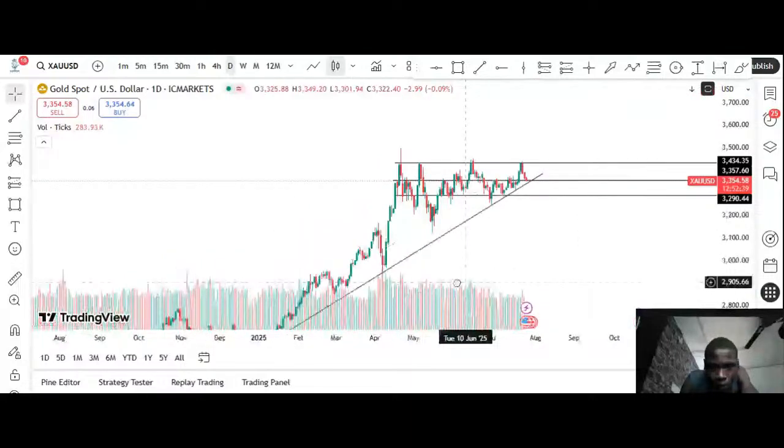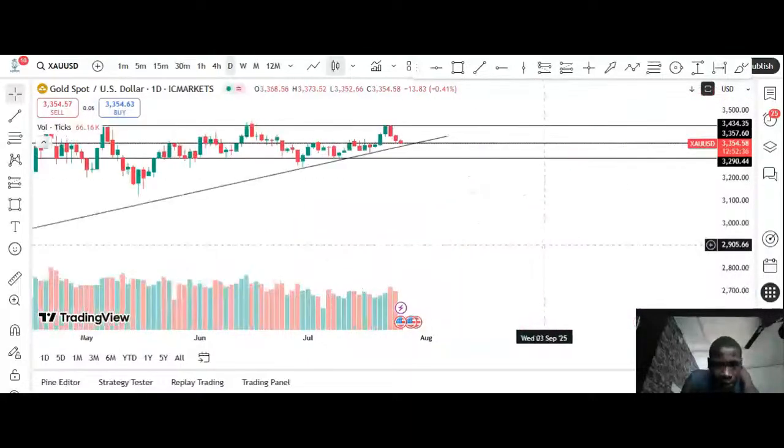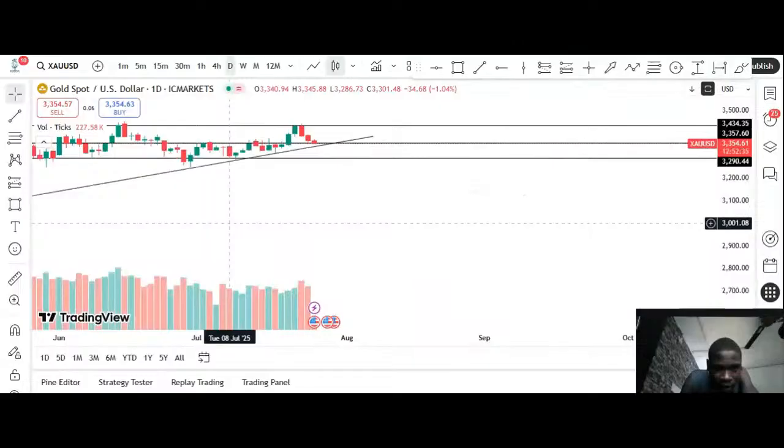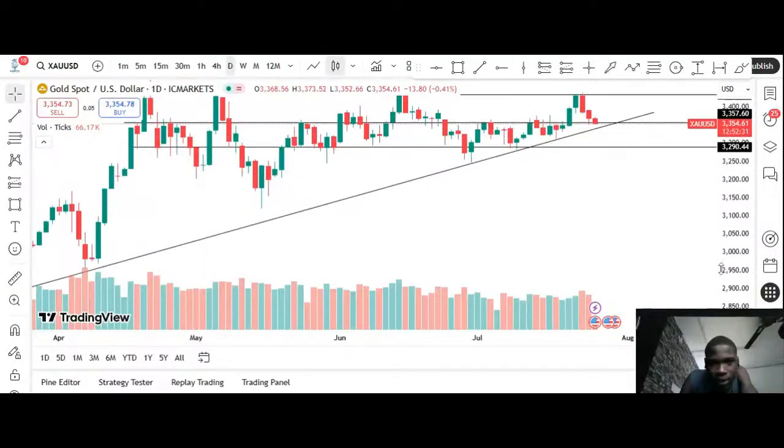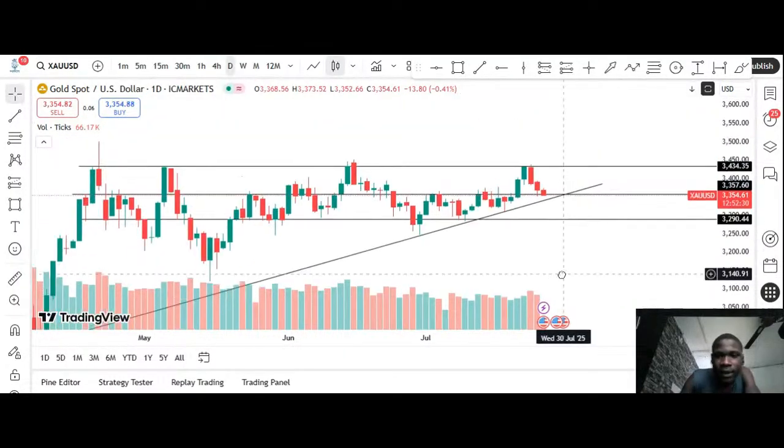As you can see, this is a perfect trend line. Remember not to force any trend line. So as you can see, the market is pulling down to touch this point, something like that.